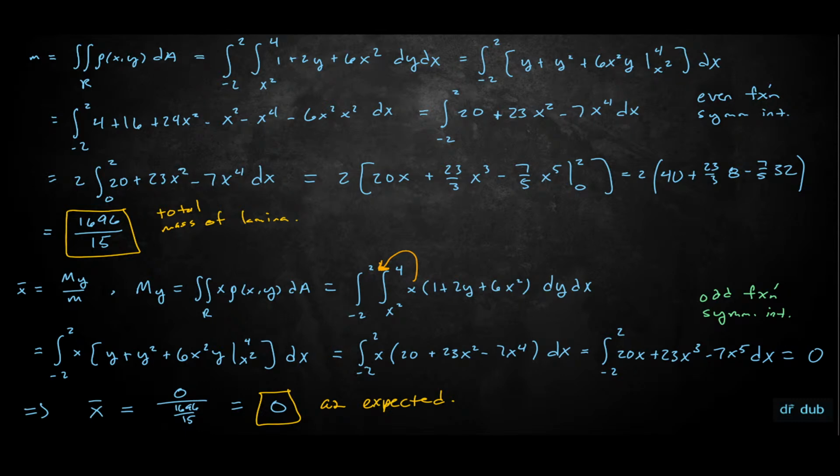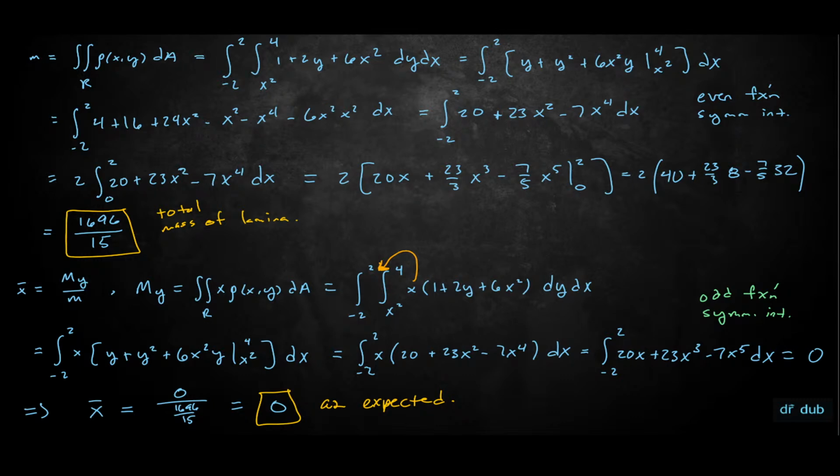You actually might ask yourself, why does x bar go with M sub y? Well, the M sub y notation is kind of saying, how is this distributed about the y-axis? If you want to think about it being distributed about the y-axis, that means in the x direction, because the y-axis kind of splits the x direction into two pieces.